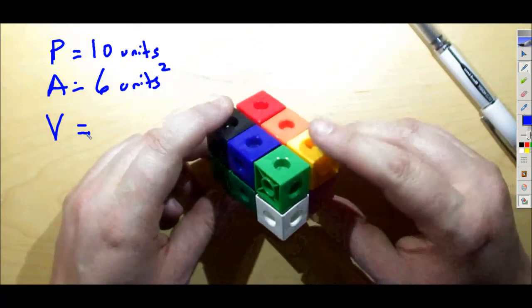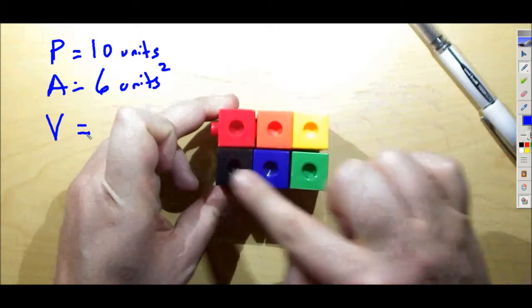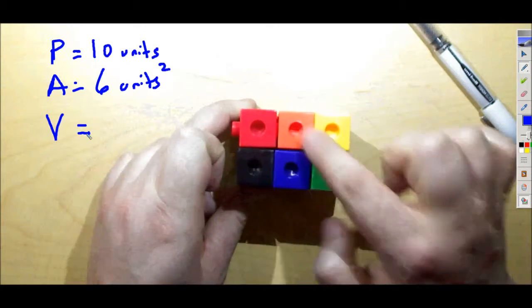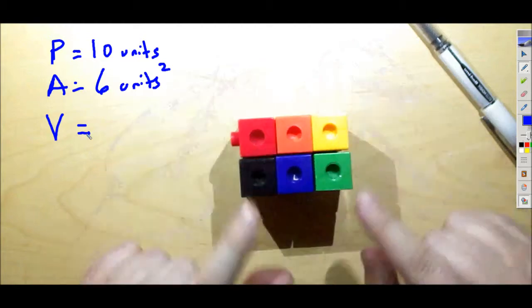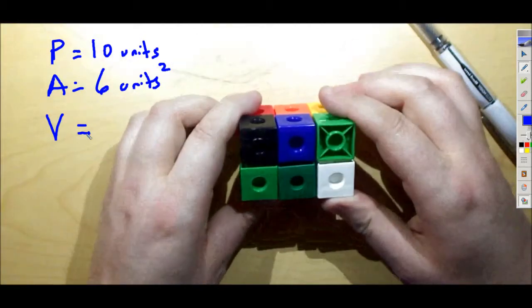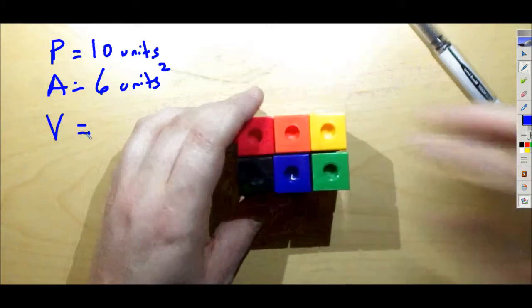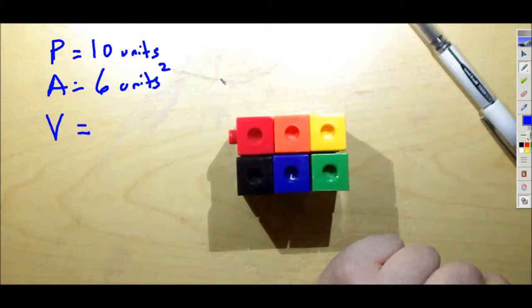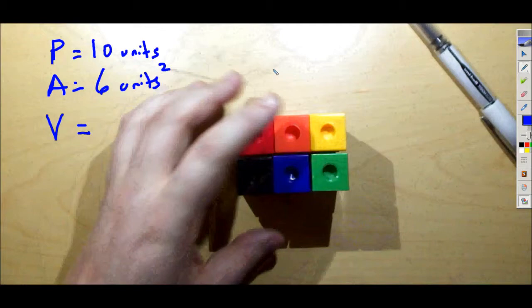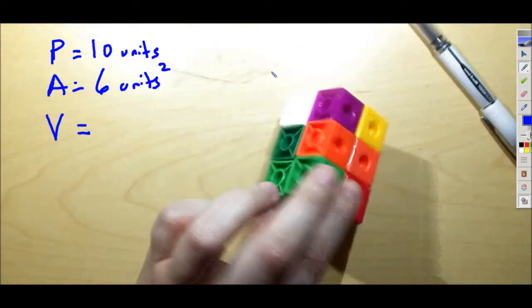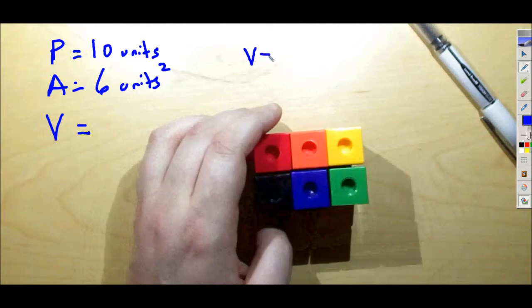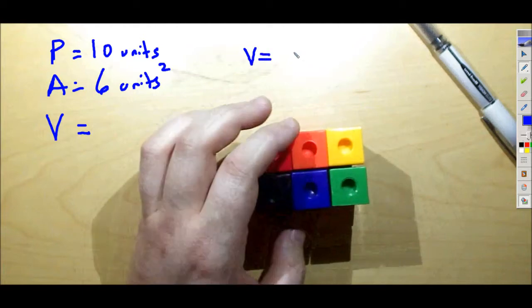So the 6 square units that we found here is the base, but there's 2 layers of them. So we can calculate, if we were to find out how many blocks are in this thing total, that would be the volume.